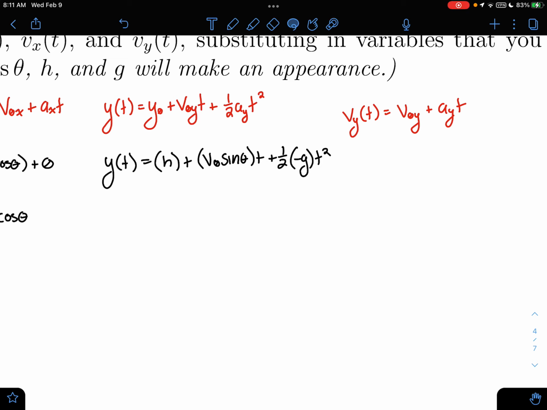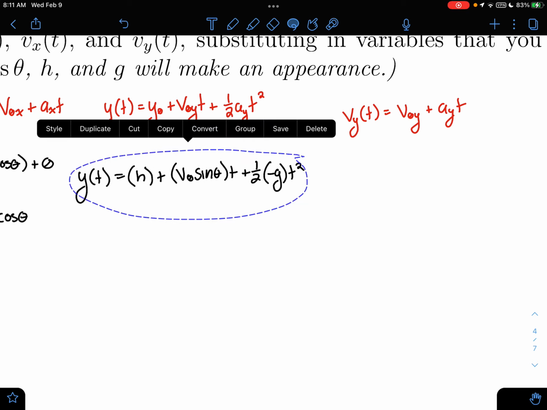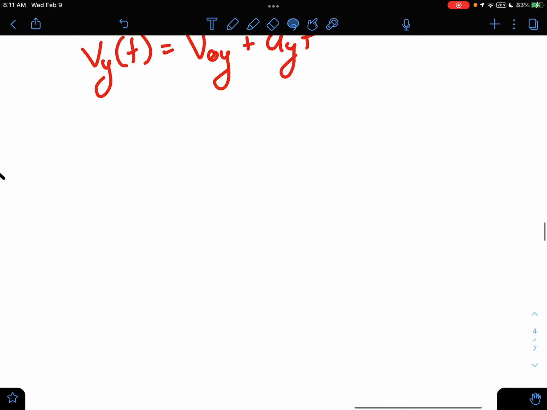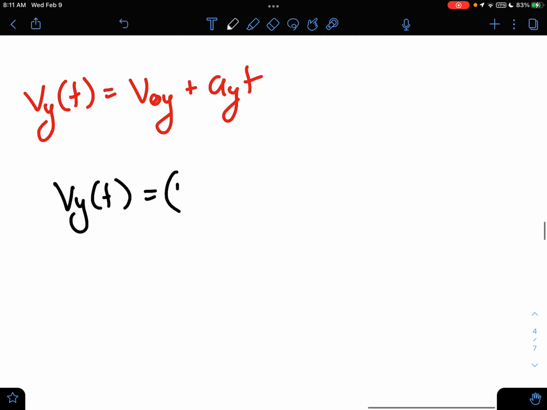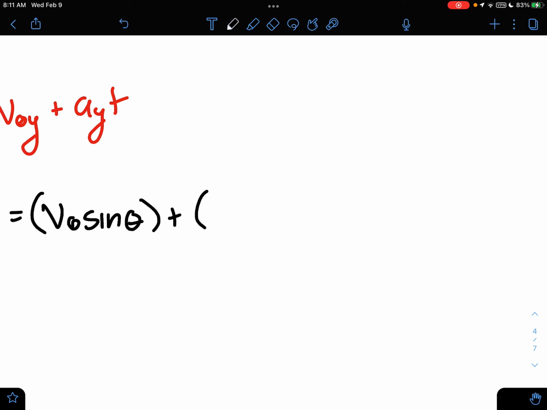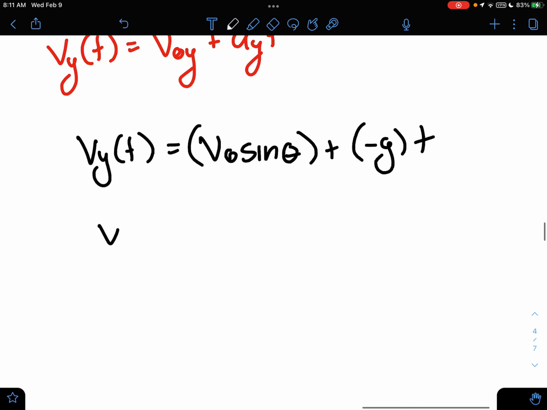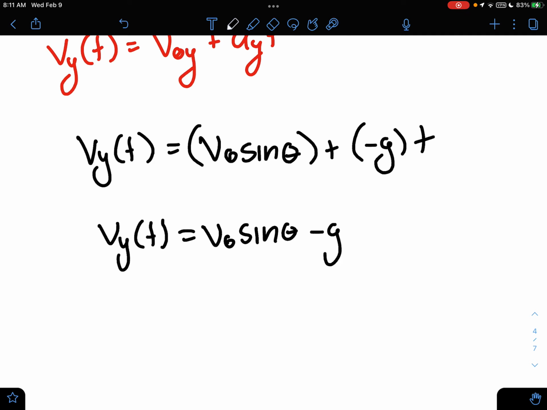I'm going to move this over a little bit so I have room for the last one, which is our vy: our v0y, v0 sine theta, plus our acceleration, negative g times t. So vy of t is v0 sine theta minus gt.